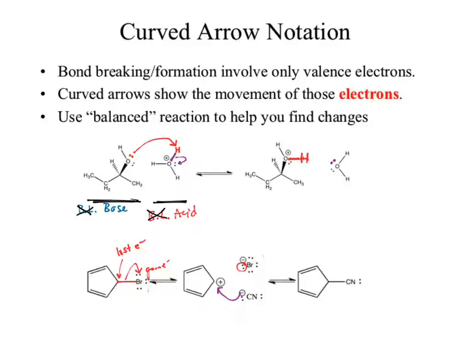How about in the bottom reaction? We'll look at the bottom middle reaction where you have these two species, the cyanide and our cyclopentadiene cation. What type of reaction is that?